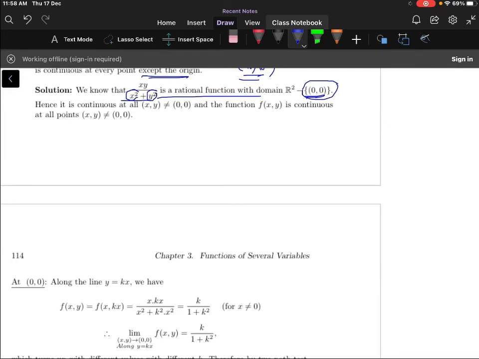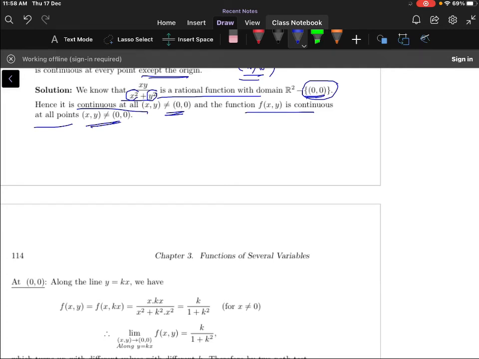Hence, it is continuous at all the points except at x comma y equal to 0 comma 0.